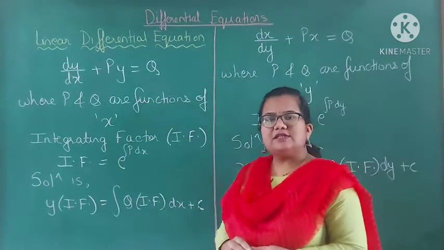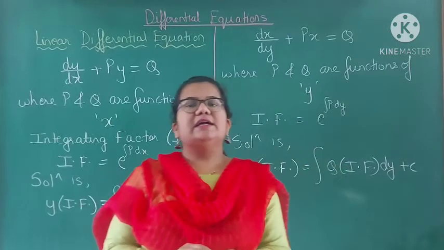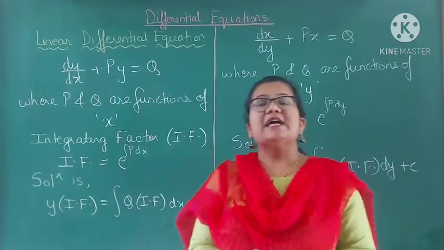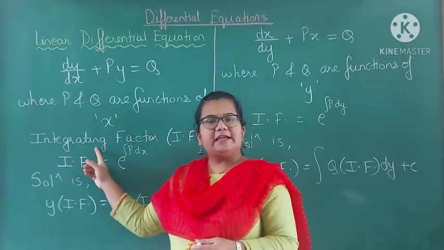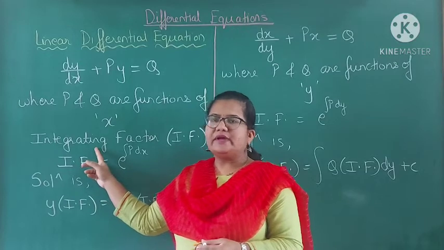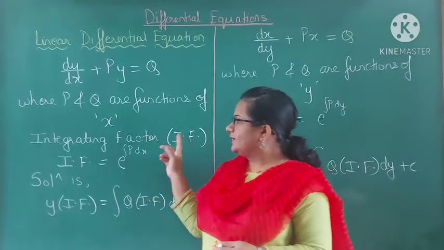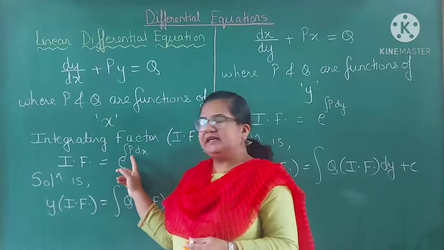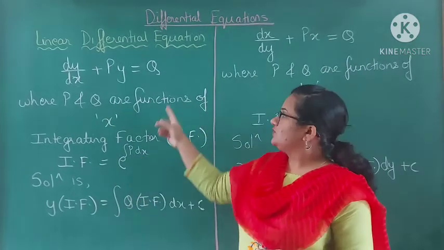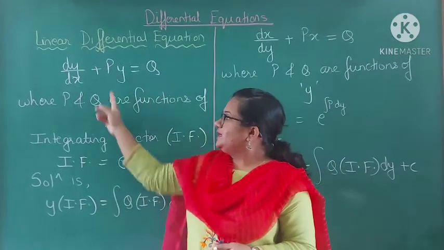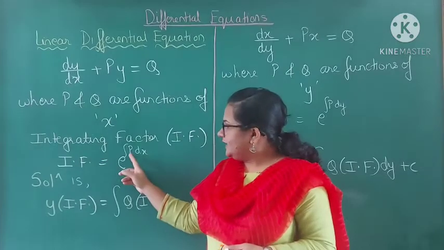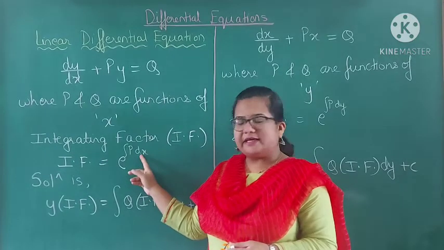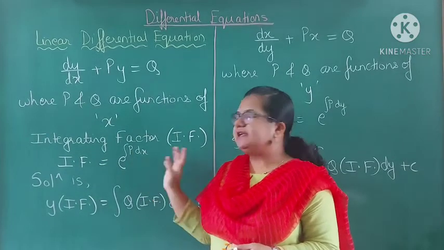Now how to solve these equations? In this, the first step is finding the integrating factor. So what is this integrating factor? It is e raised to integration of p dx for this type of equation. P is a function of x, so you will integrate p with respect to x. So e raised to integration p dx.